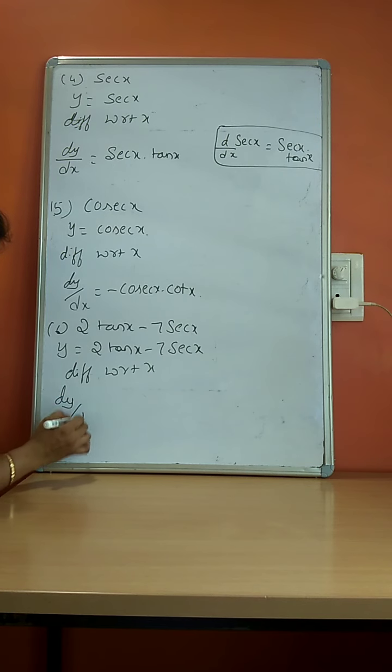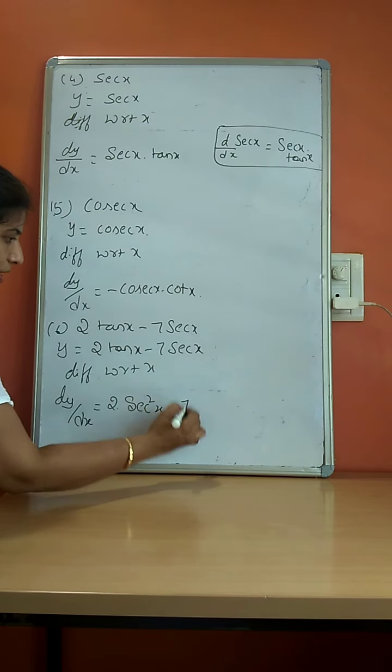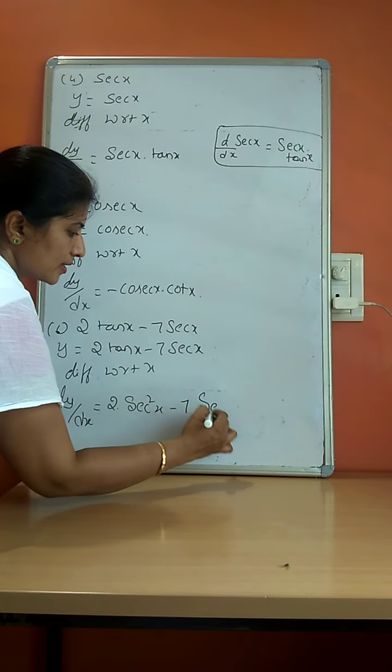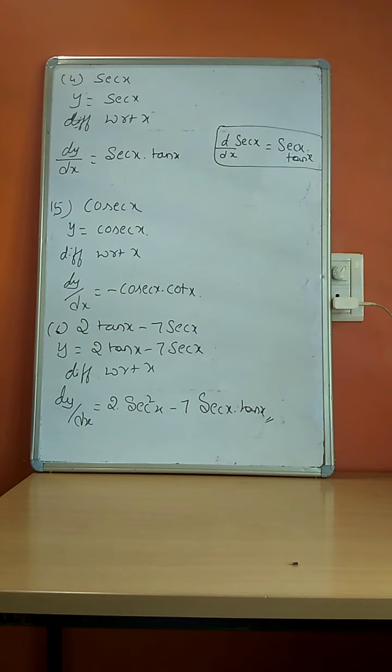What we get? dy by dx is equal to 2 into, differentiation of tan x is what? Secant square x, minus 7 into, differentiation of secant x is what? Secant x into tan x. Okay. Dear students, this will complete the derivatives.